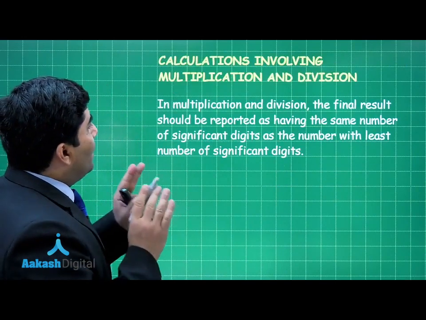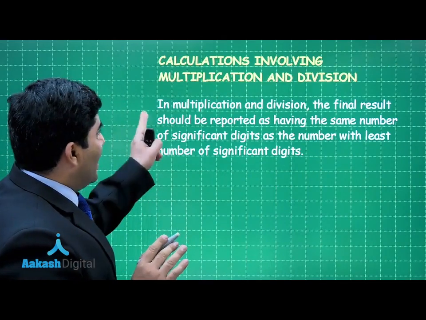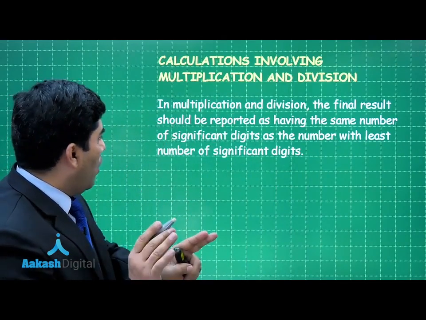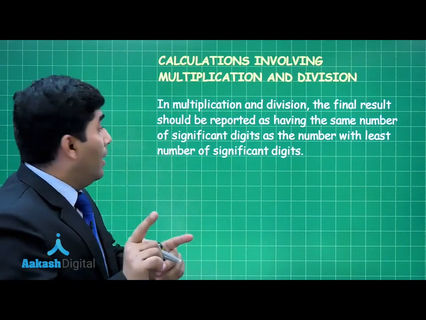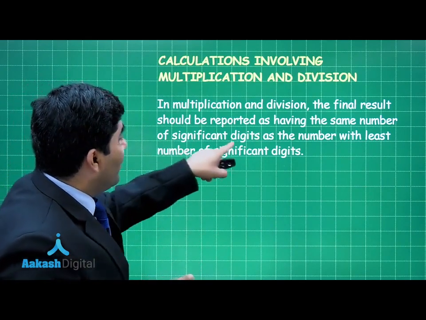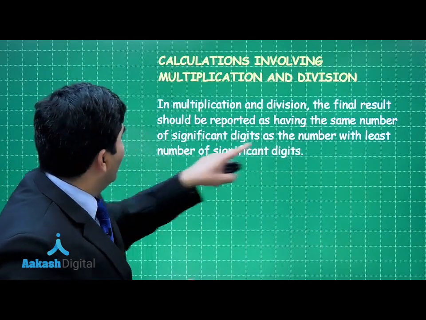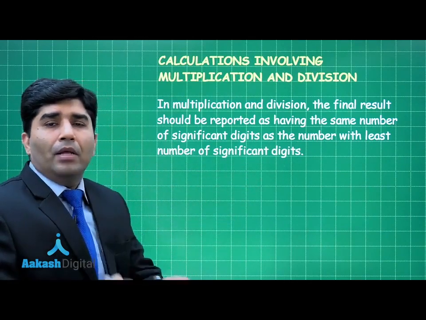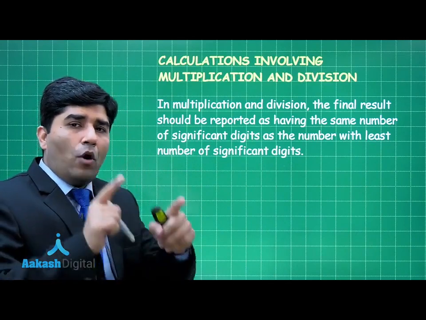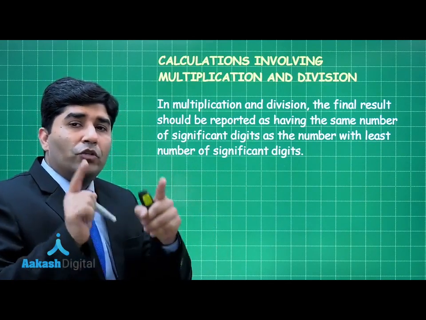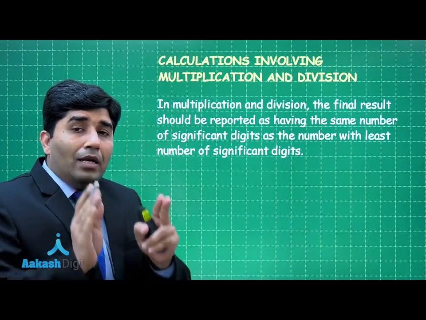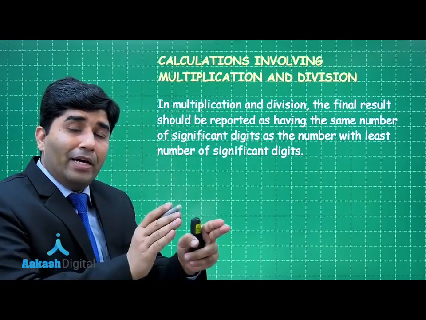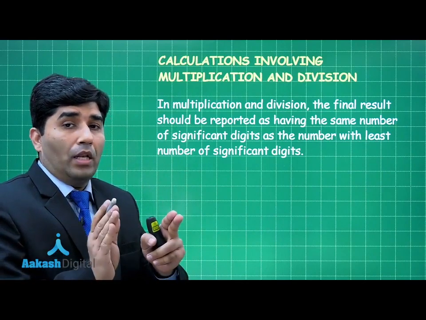Calculation involving multiplication and division. In multiplication and division, the final result depends on the number having the least number of significant digits. It means the answer will depend on that number which has the least number of significant figures in total.